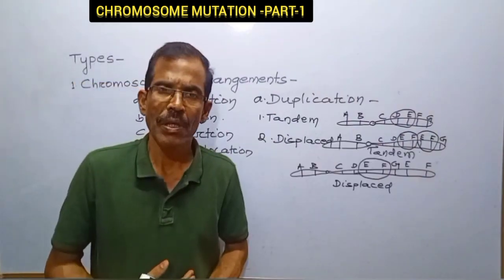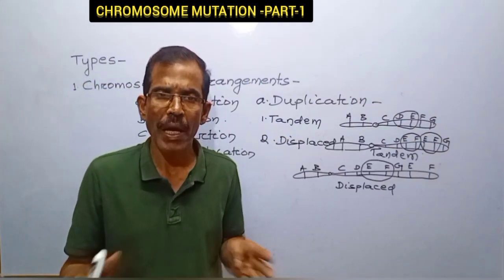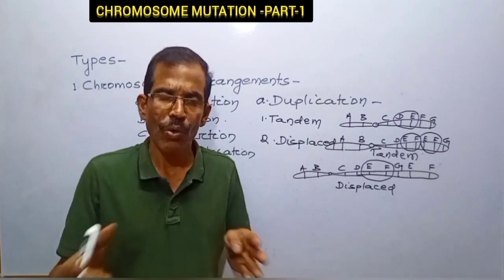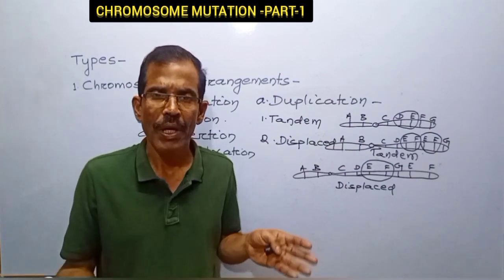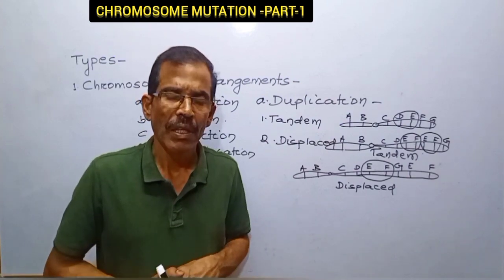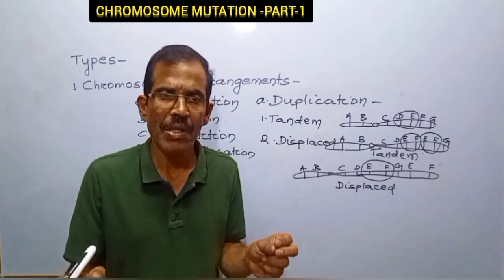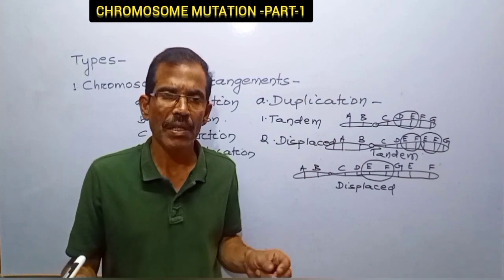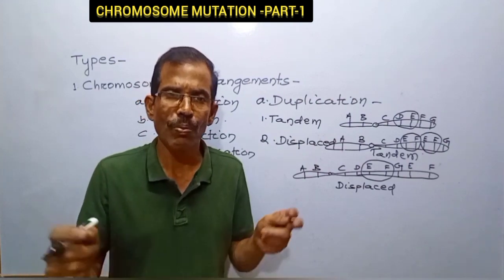After duplication, the duplicated region may have the same orientation as that of the original sequence, or it can be inverted. If the duplicated region is inverted, then that type of duplication is known as reverse duplication.